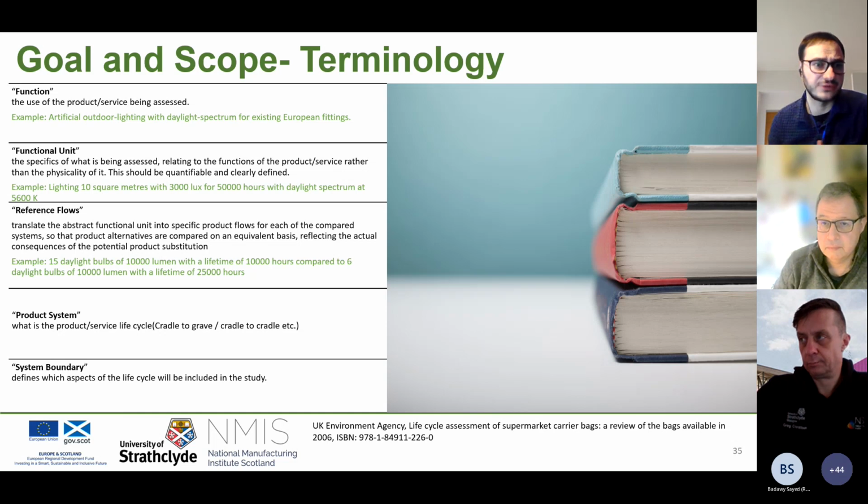Then we have something called reference flows. These translate the abstract functional unit, as we saw before, into specific product flows, so flows of product that will deliver comparable results for different alternatives. In our example, for instance, we have 15 daylight bulbs of 10,000 lumen with a lifetime of a specific number of hours, compared to 6 bulbs of a different type with similar lumen but a different lifetime.